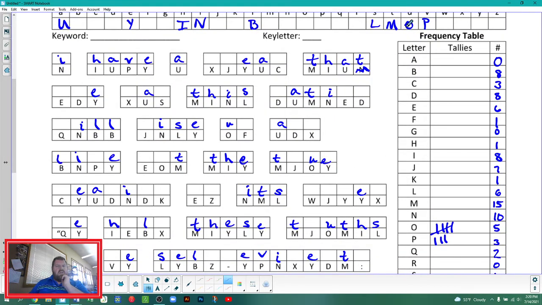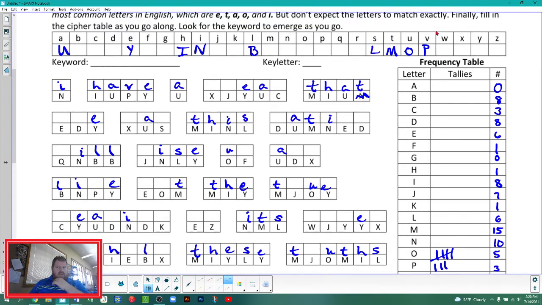So thinking of it being a keyword cipher, now I do want to do a little counting, because I think that can help me out. I'm feeling that since I have LMOP here and N here, somewhere in this region is my keyword, and the start of the alphabet is here. So let's do a little counting of letters in between.